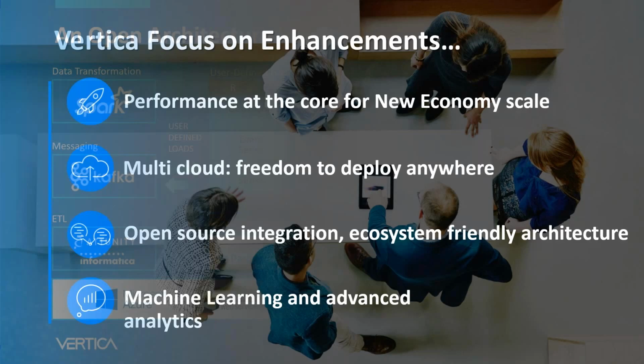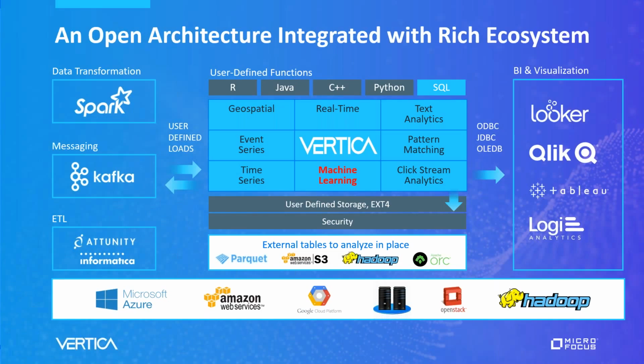I will showcase a little bit about the architecture of Vertica, and how it fits in the ecosystem. In this picture, you see that the middle one is the whole Vertica platform with a lot of capabilities inbuilt, including geospatial capability, time series, and event series functions, and it also has clickstream and a lot of analytical functions inbuilt.